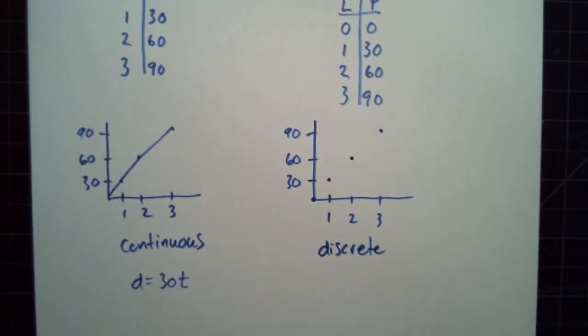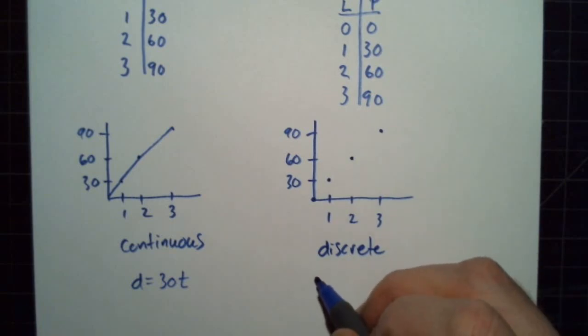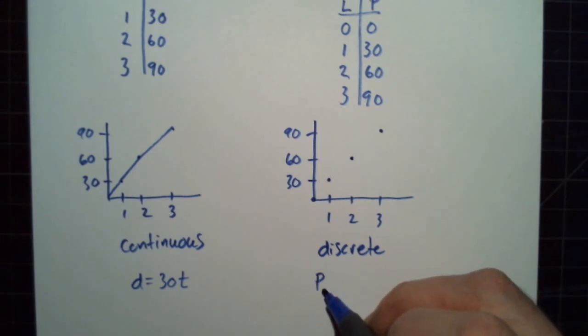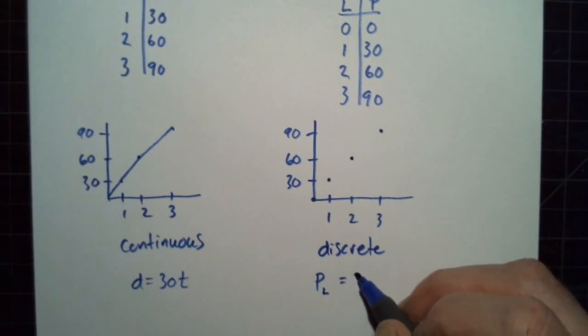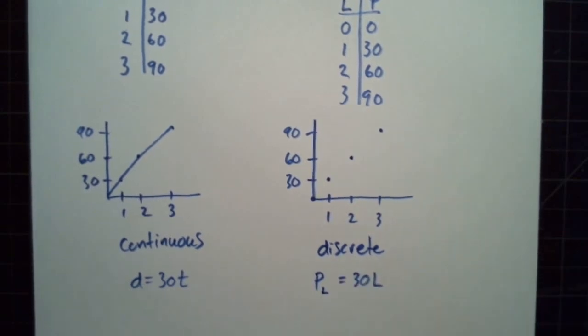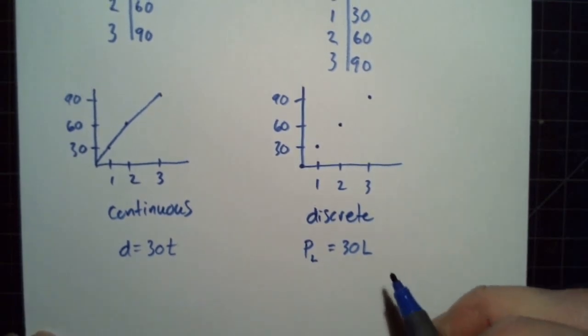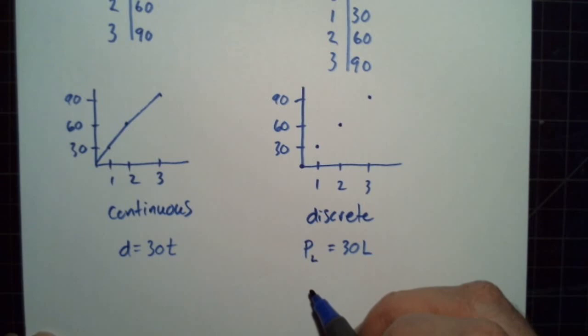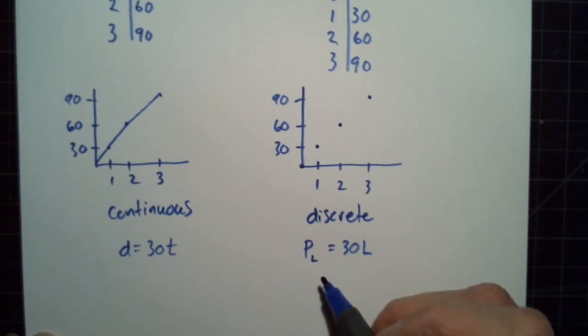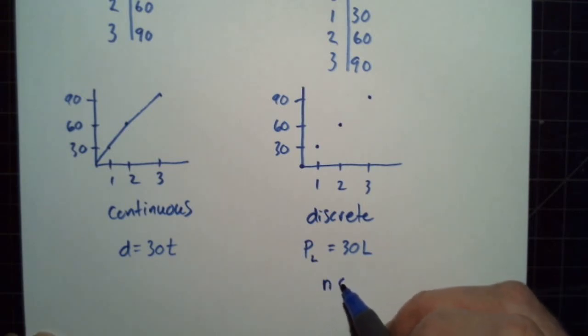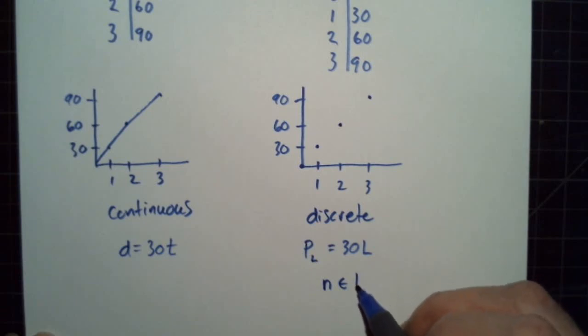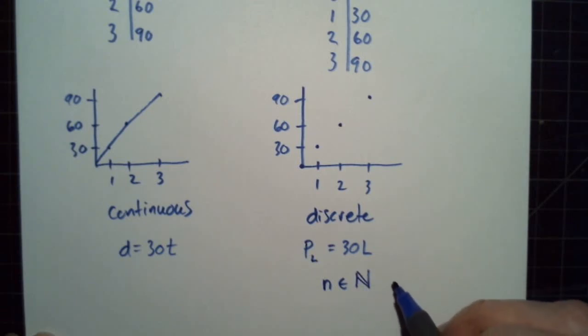We could say there's an equation of the distance of the car, and over here we can say P sub L equals 30L, where n is a natural number, meaning 1, 2, 3, 4, 5.